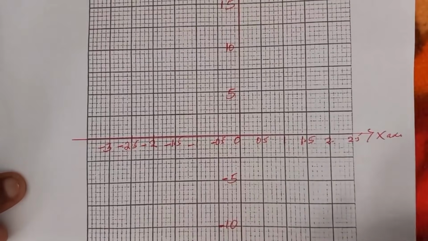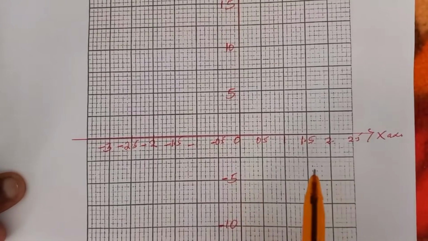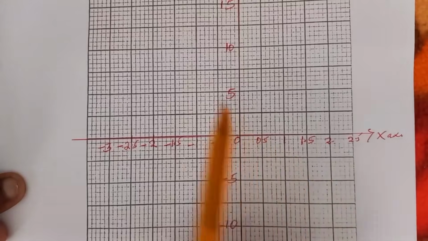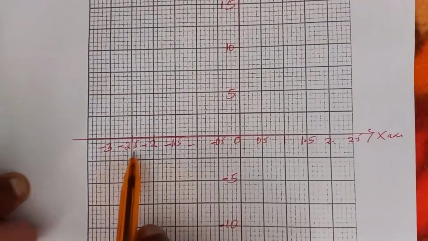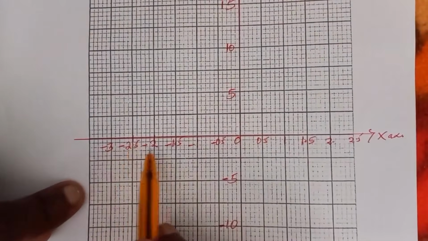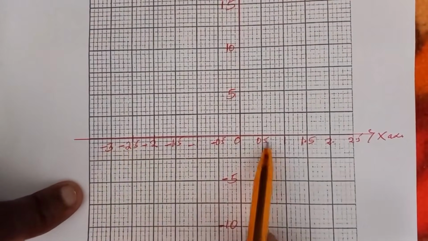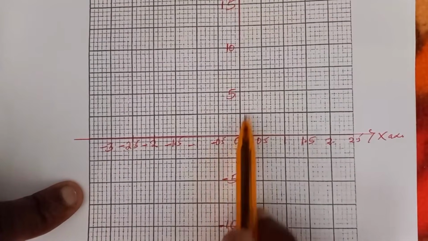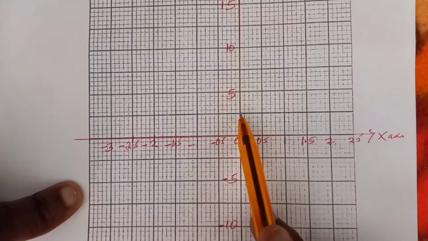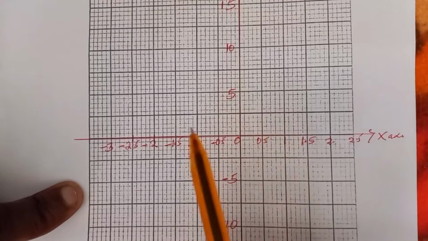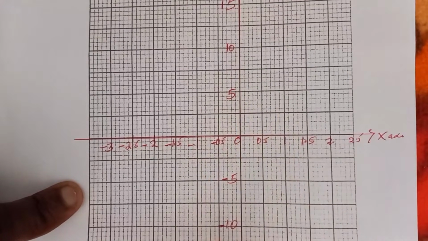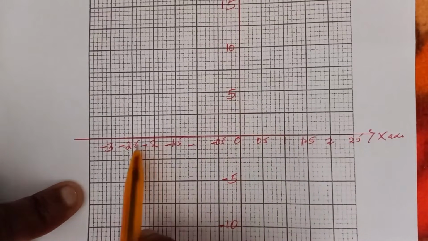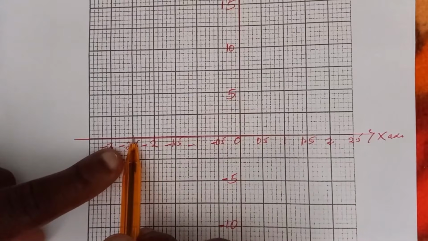So let us plot. The first point is negative 2.5, 1.5. It is good to know that on the x-axis, the size of one small square is 0.1. For the y-axis, one small square is 0.5. So you're plotting the first one, negative 2.5, 1.5. So negative 2.5 is here.